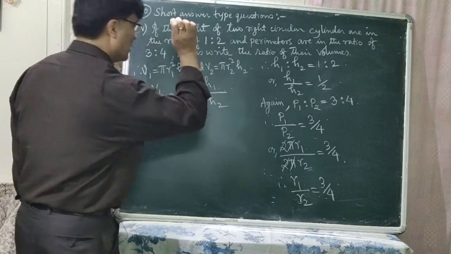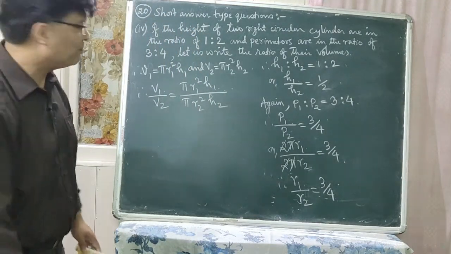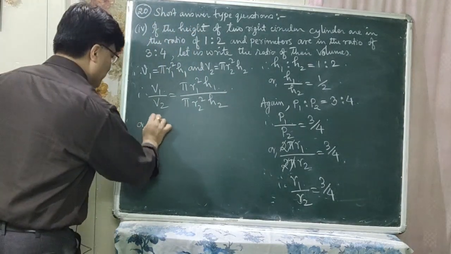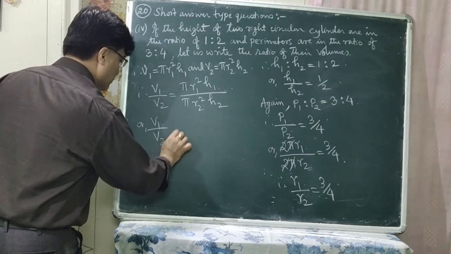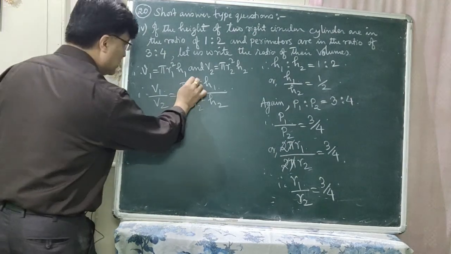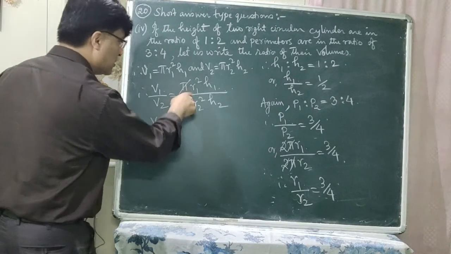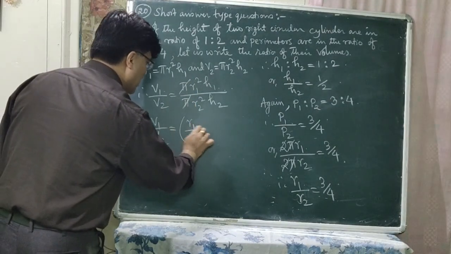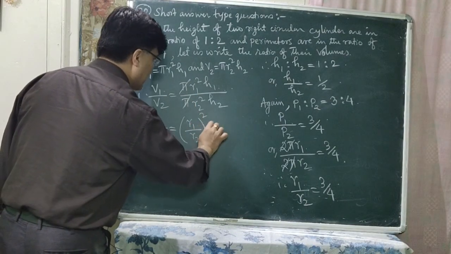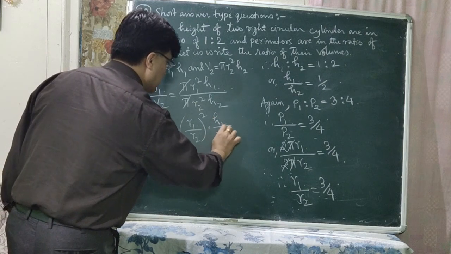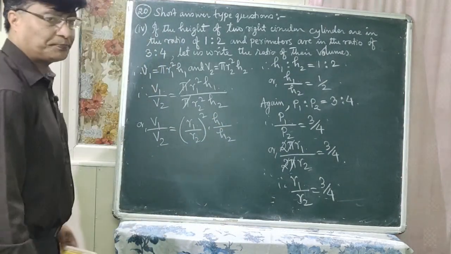I think you have understood it. Now let us find the value of V1 upon V2. Here the pi cancels. So this will be r1 upon r2 whole square into h1 upon h2.